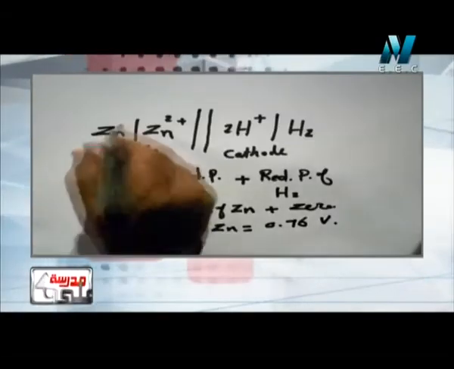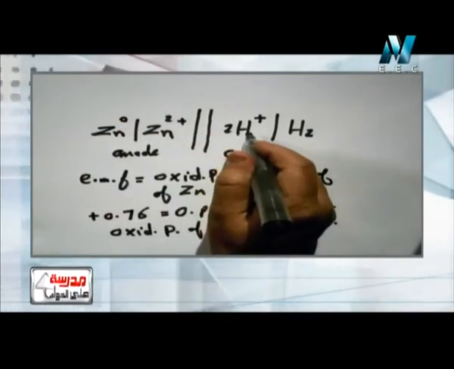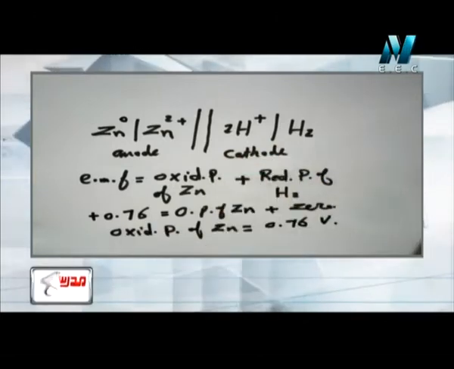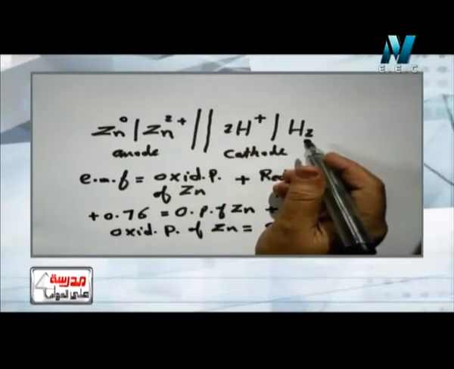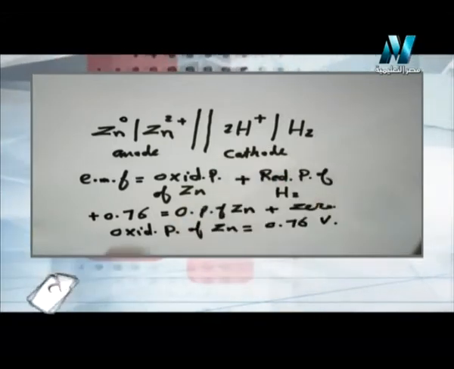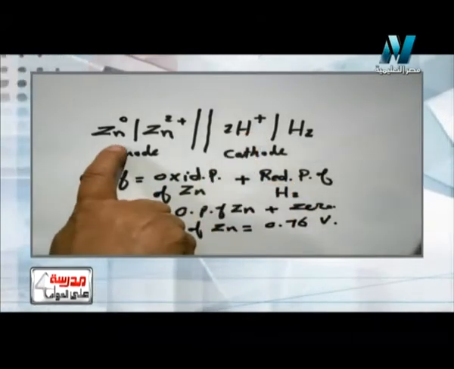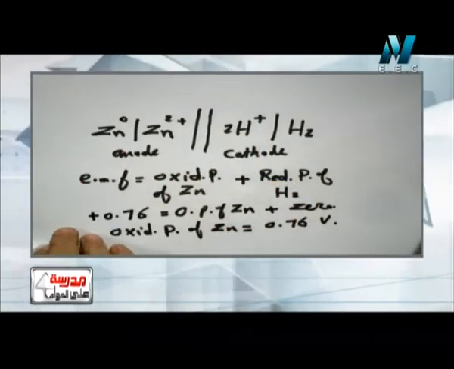Take care, this is the anode at the first, and oxidation occurs at the anode, so it is converted from 0 up to positive because it loses electrons. This is the cathode. The cathode is converted from positive ion to 0 because reduction occurs at the cathode. So the hydrogen ion is the oxidizing agent and the zinc element is the reducing agent.